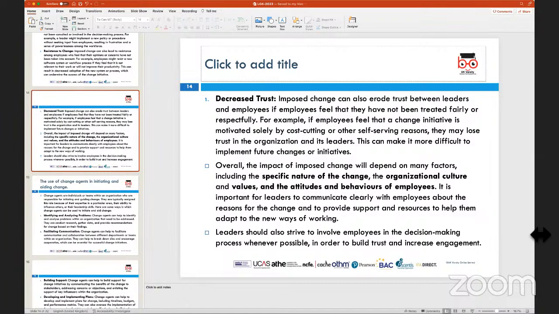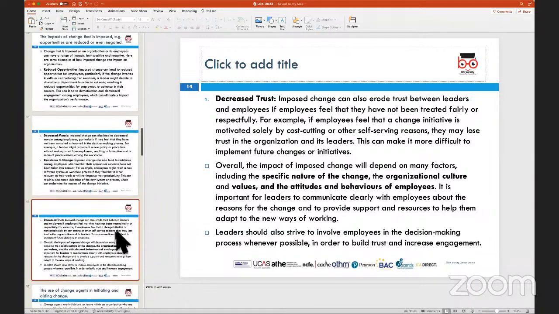One of the other effects that you would generally see when we look at the impact of leadership when changes are imposed is that relationships suffer. There is a decline in the trust levels between the employee and the manager and the management of the company, and this degrading of trust can happen.